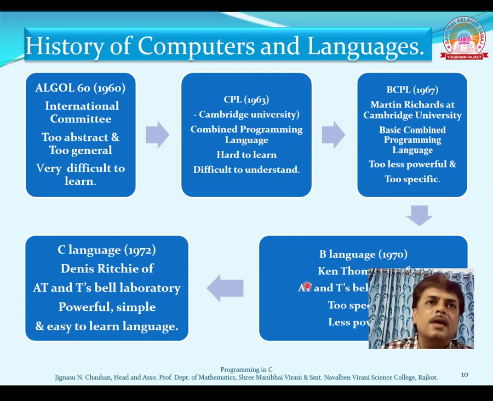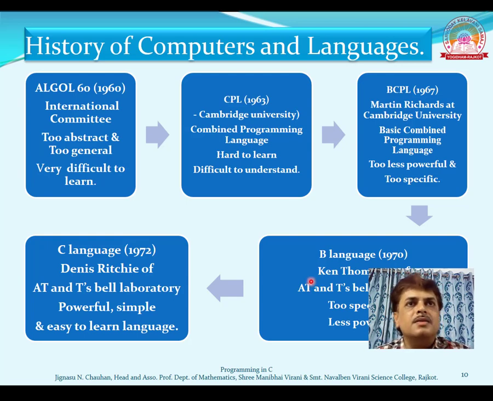Parallelly, Dennis Ritchie was also doing his work at AT&T Bell Laboratories, and around 1972 Dennis Ritchie invented C language.